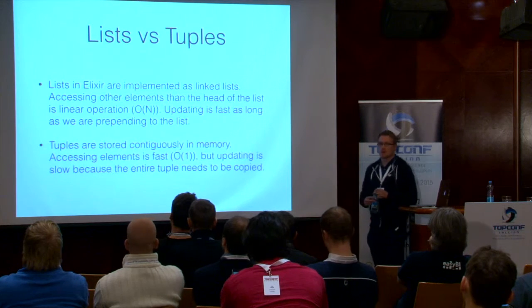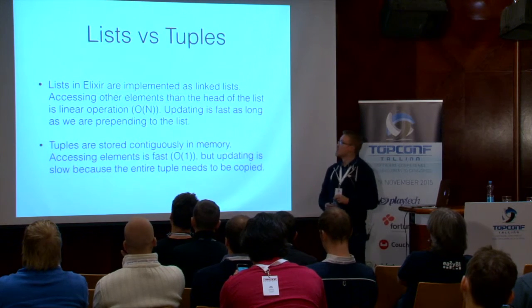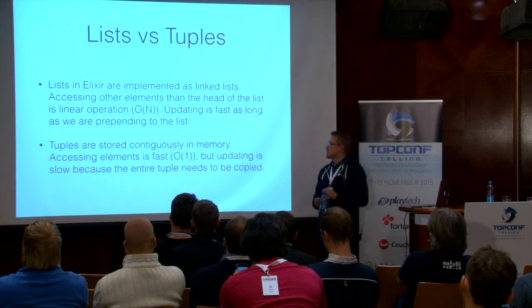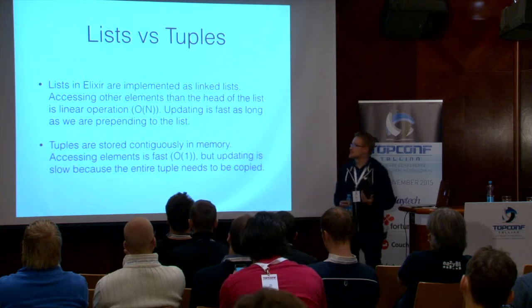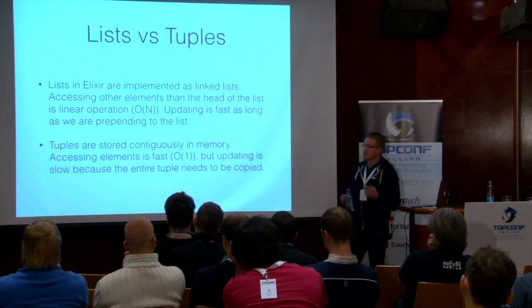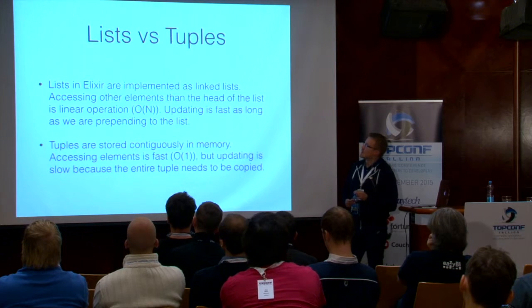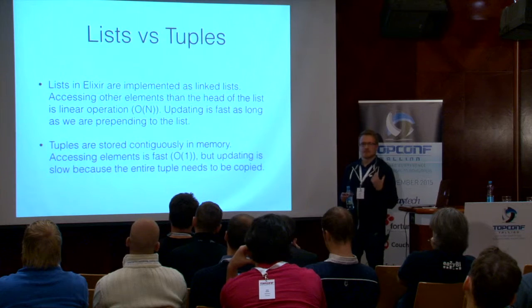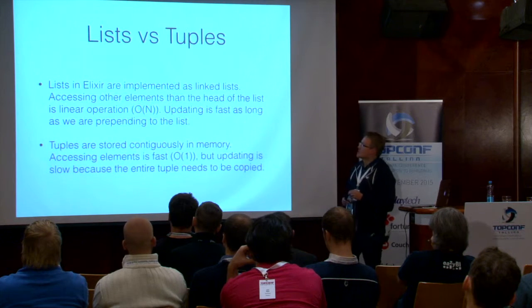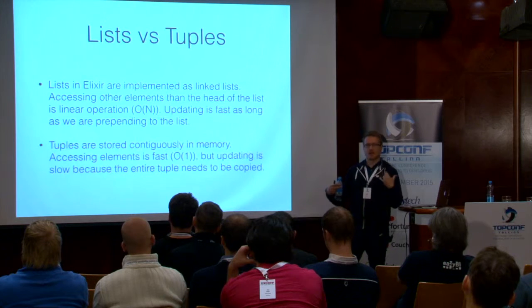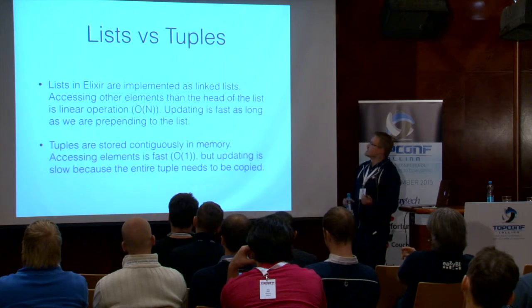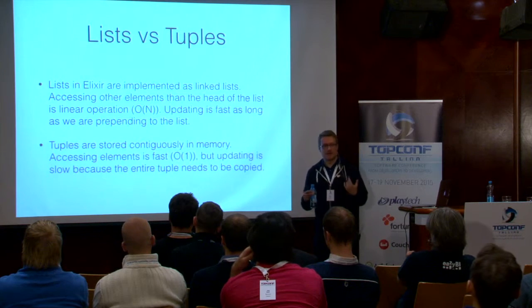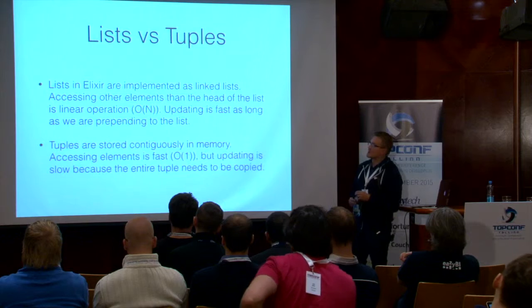A bit about lists and tuples. To outside they look pretty much the same. But I guess this is very common for functional programming languages. Lists are implemented as linked lists, which basically means that accessing any element of the list except the head is a linear operation, and updates are fast only if you're prepending to the list.